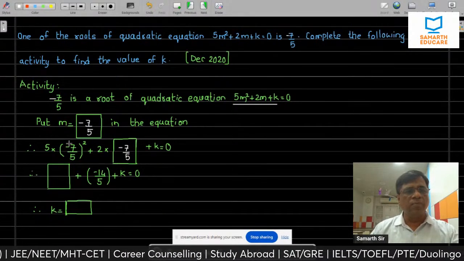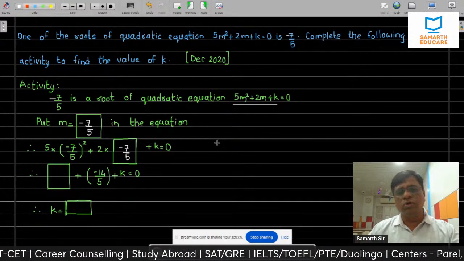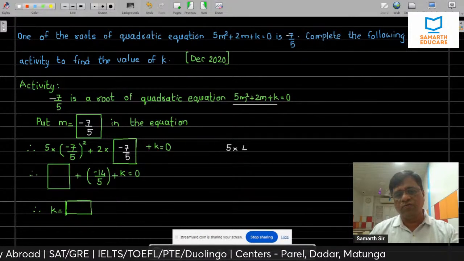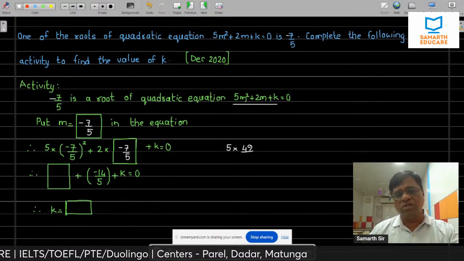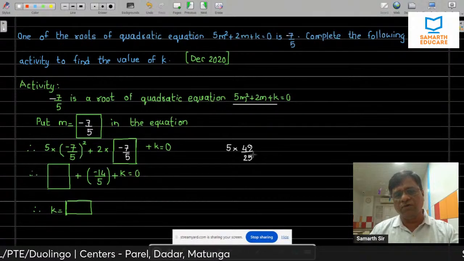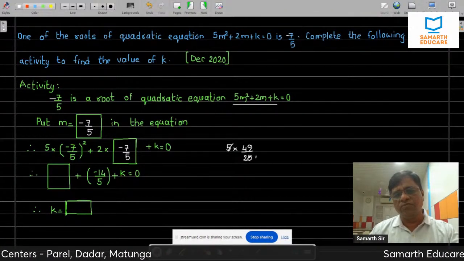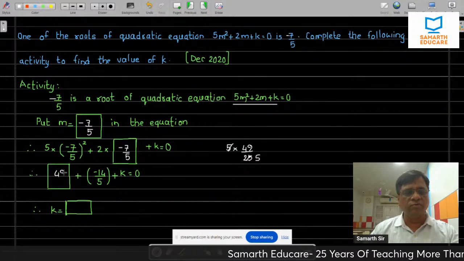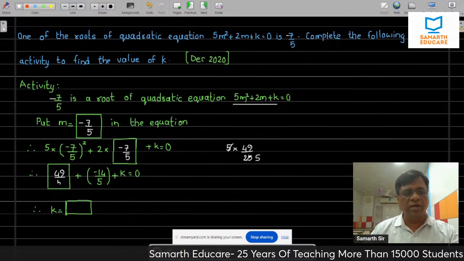Okay, so यहाँ पे 5 into, देखो यहाँ पे सॉल्व करता है तो 5 into 7 का स्क्वायर 49 एंड 5 का स्क्वायर नीचे कितना हो जाएगा 25. So 5 5s are 25. So this will be 49 upon 5. Right?